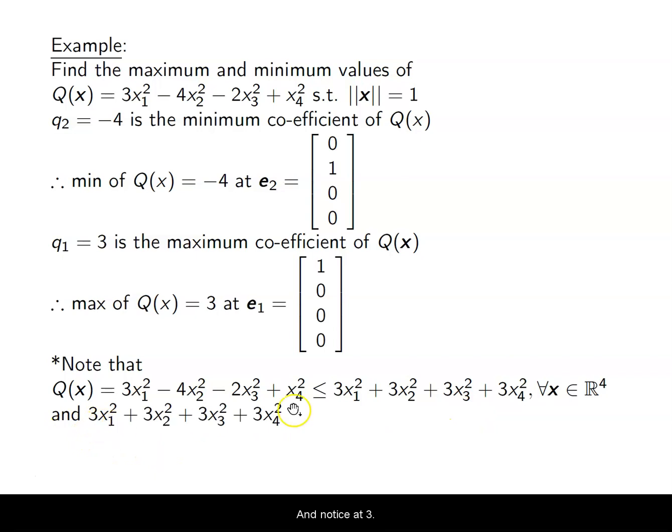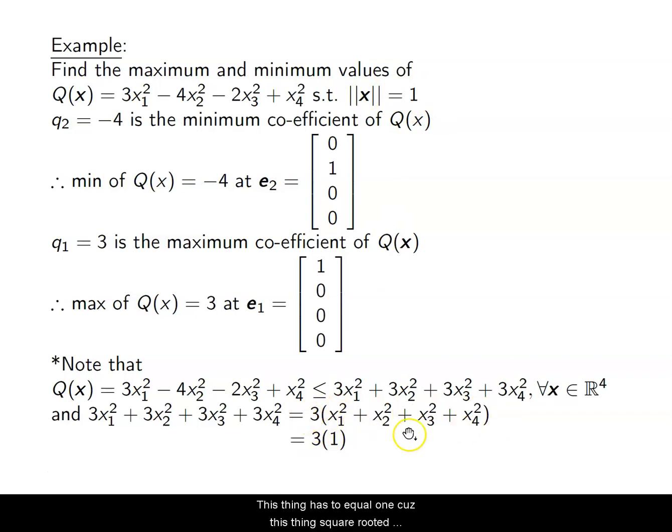And notice this: 3x1 squared, 3x2 squared, 3x3 squared, 3x4 squared. This is the same as factoring out a 3 and getting x1 squared plus x2 squared plus x3 squared plus x4 squared. And notice what this is, right? This is that condition that the length of x equals 1. Since the length is 1, this sum has to equal 1, because the square root of it equaling 1 means it has to add up to 1.